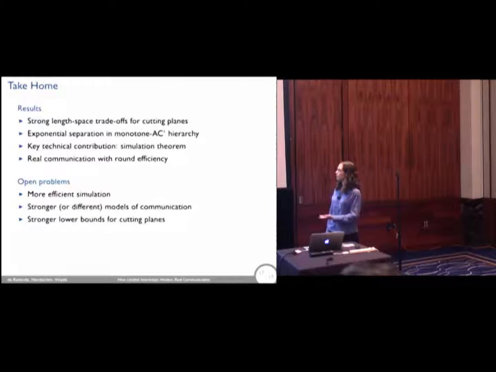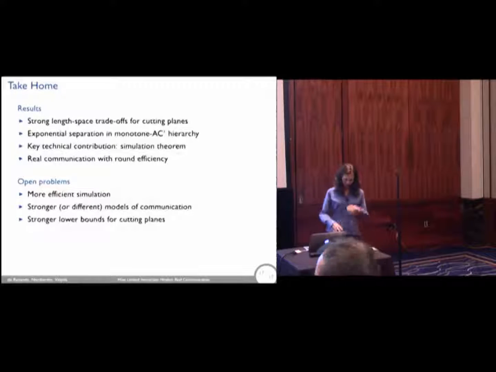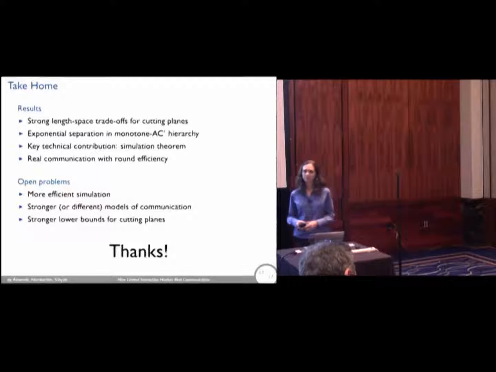One would be, can we prove a more efficient simulation? So if you remember, I said that the lift we needed was polynomial in the size of the input. So can we do this for smaller lifts, even maybe constant size lifts? Also, can we prove similar simulation theorems for a stronger model of communication? And finally, can we prove stronger lower bounds for cutting planes? So that's it. Thank you.